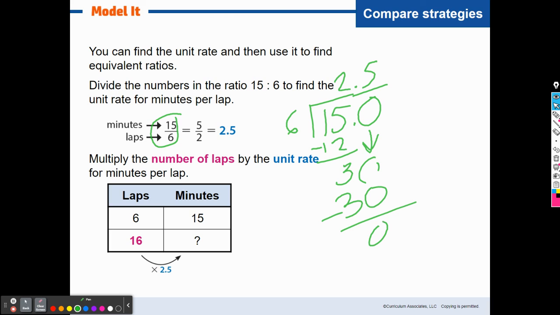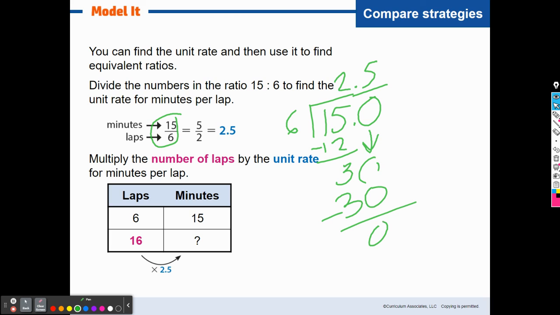And then we use that to multiply the number of laps by that unit. Okay, that's what we were doing in the previous strategy, anyways. It's not broken down and step by step on the table, it's all outside of the table.